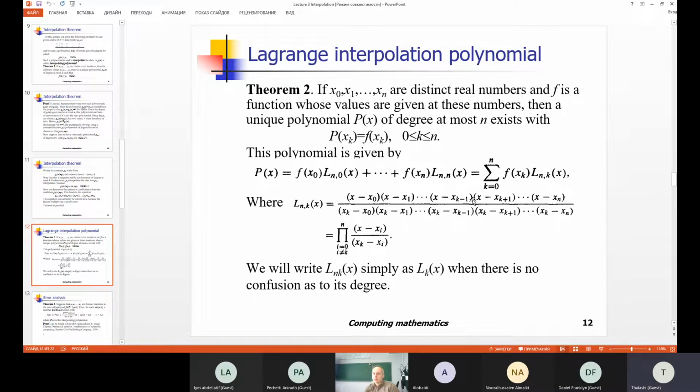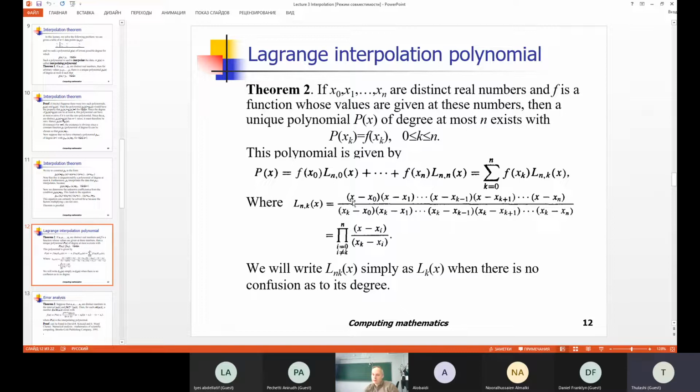we select some number k, and we should write here all the brackets in the form x minus x0, x minus x1, and so on, x minus x(k minus 1), and we should skip the point xk and continue x minus x(k plus 1), and so on, x minus xn.